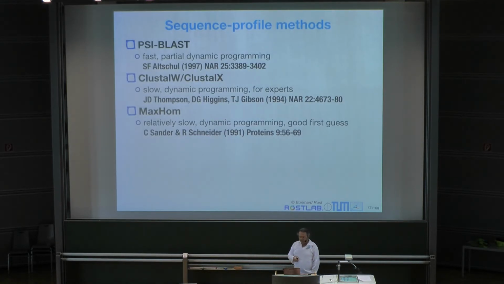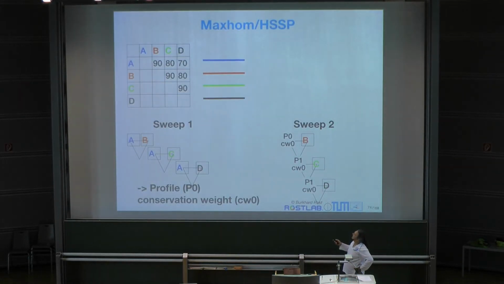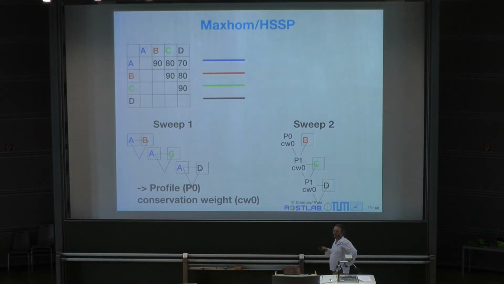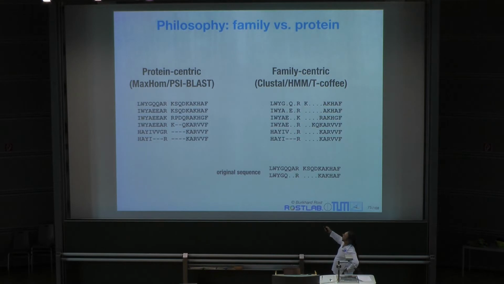Clustal is a sequence profile method. Another one here is Maxom. The philosophy of Maxom is slightly different, although I sort of implied that before. It starts from the same, you see these things look the same as before. The major difference for Maxom, and Clustal or PSI-BLAST, is a protein-specific view, as opposed to a family-centric view.